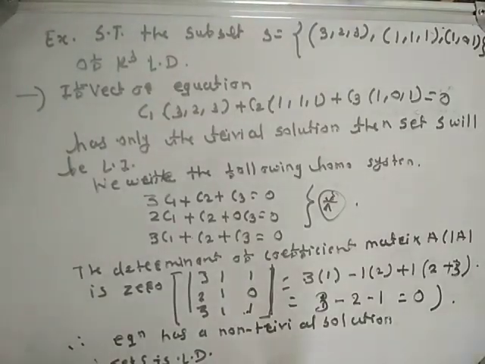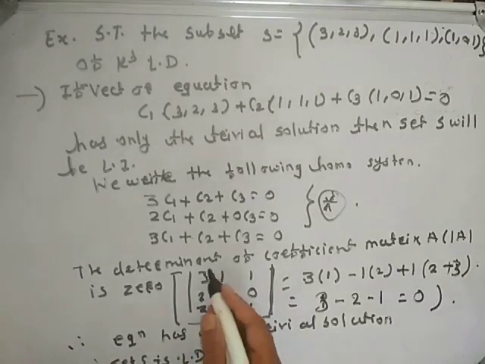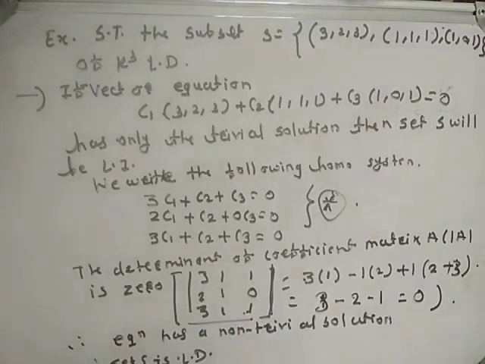This is one method, or you can reduce the coefficient matrix to row echelon form and find the values of C1, C2, C3. If the values are not all 0, then also this set is linearly dependent. But this is the best way to check whether set S is linearly dependent or not.